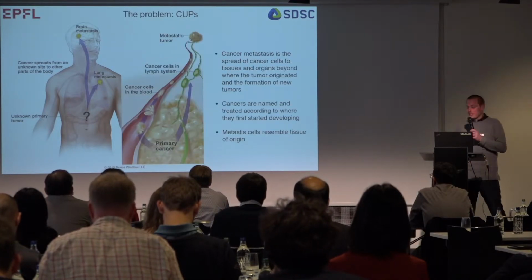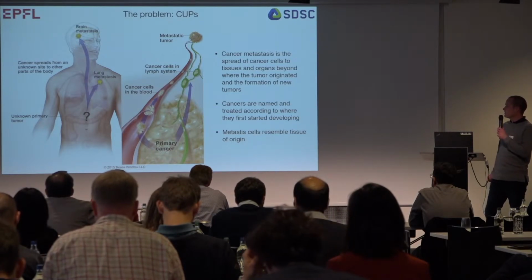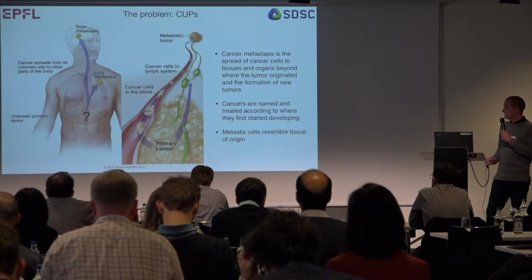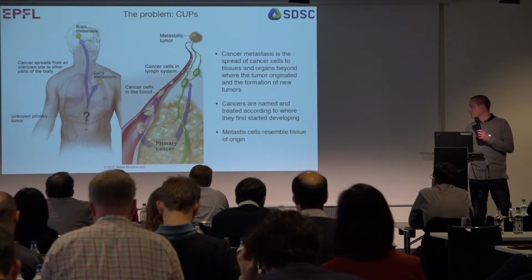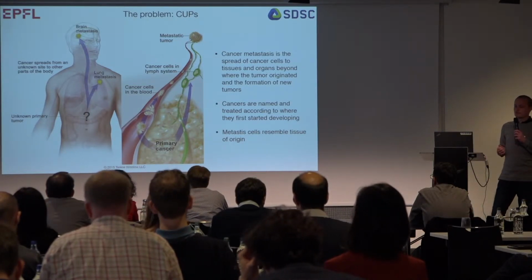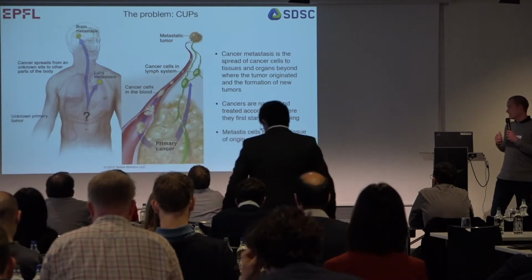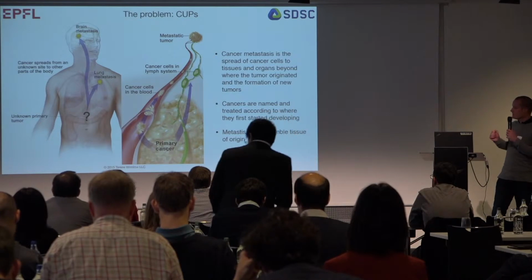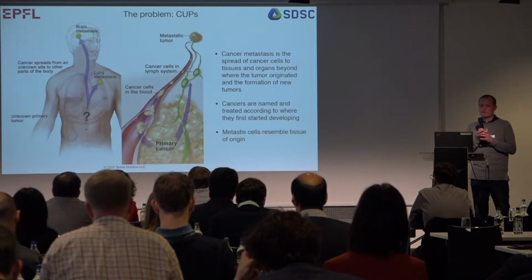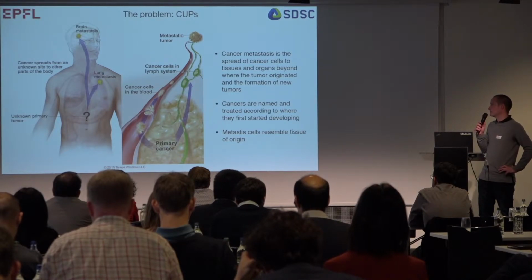To better understand this process, let's assume we have lung cells that become cancerous. At some stage of the cancer evolution, these lung cancer cells will enter the blood vessels and move through them to another side of the body, and there keep growing, creating this metastatic tumor.